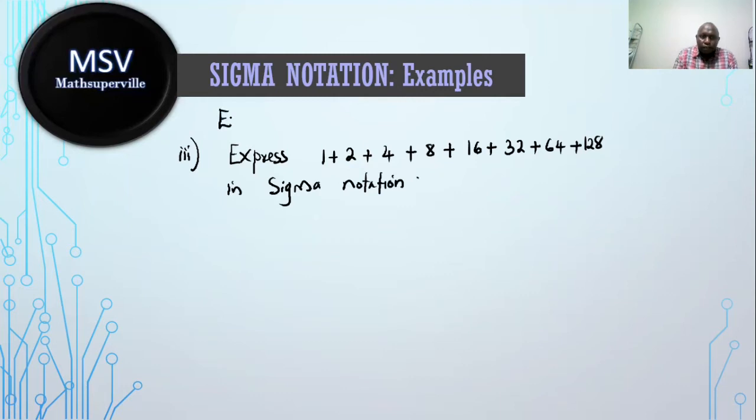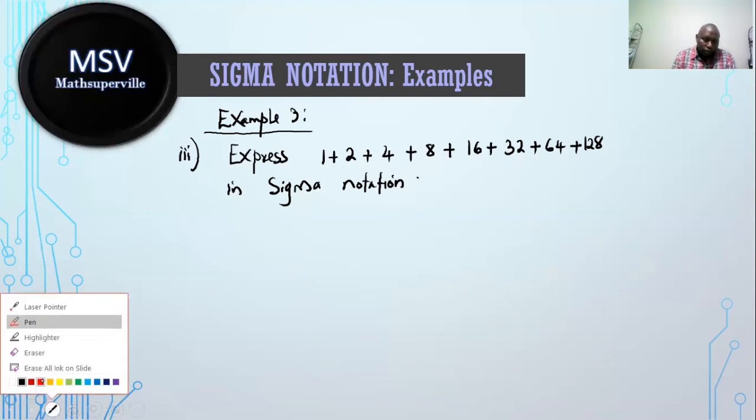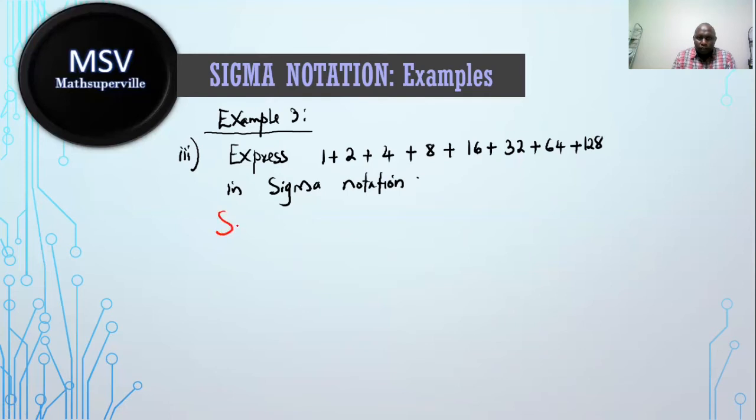So this is example 3. The solution entails looking at exactly what's going on. Notice that you are not summing squares, but 2 raised to some power.